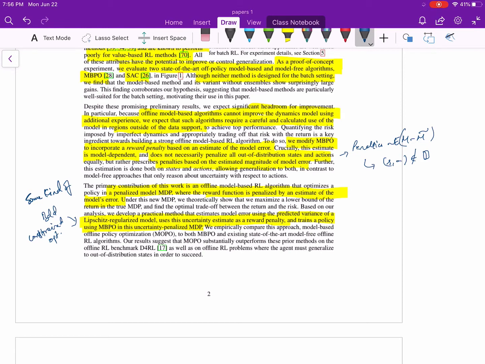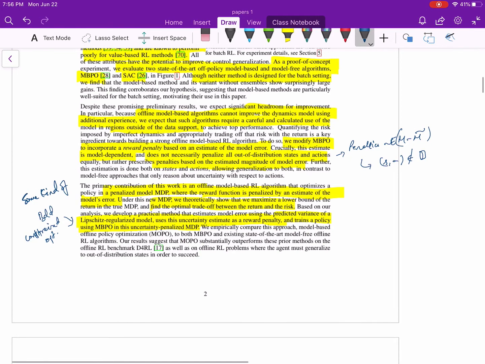Okay, here they mention one more important line: find the optimal trade-off between return and the risk. Yeah, I mean we need to balance between the max reward and the penalties, so that we get good policies in the end.